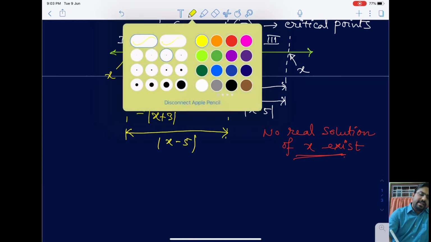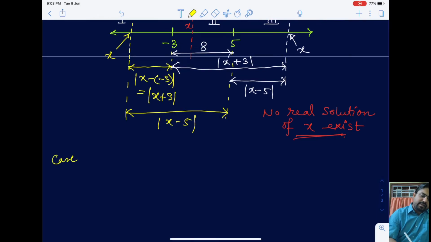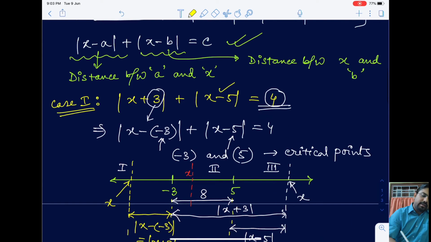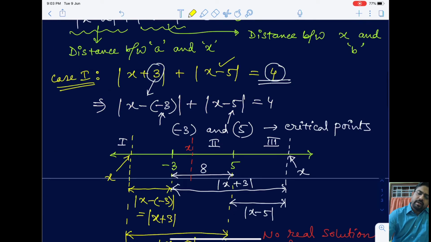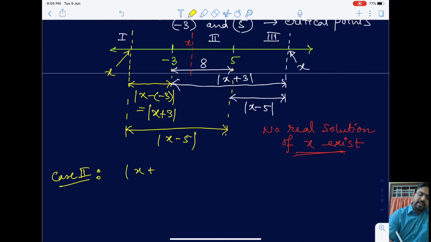Now coming back to the second case, where the sum of the distances is equal to 8. The sum of the distances, mod of x plus 3 plus mod of x minus 5, is equal to 8. To understand this, if we refer to this diagram, the sum of the distances equal to 8 is possible if and only if x is lying in between -3 and 5, because the distance between these critical points -3 and 5 is already 8.